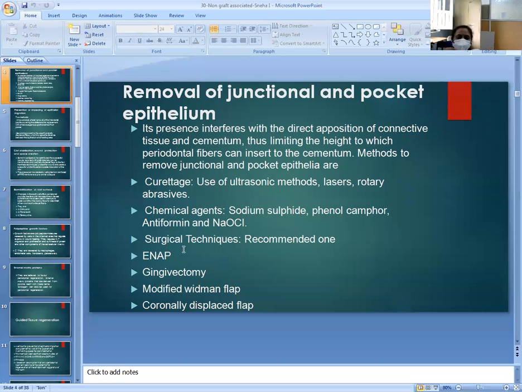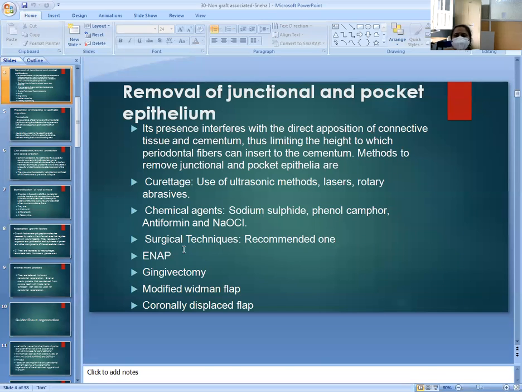First is the gingival epithelium and connective tissue, second is the periodontal ligament, which is a connective tissue again, then alveolar bone, which is again a connective tissue, and cementum. All these four components should be preserved properly.